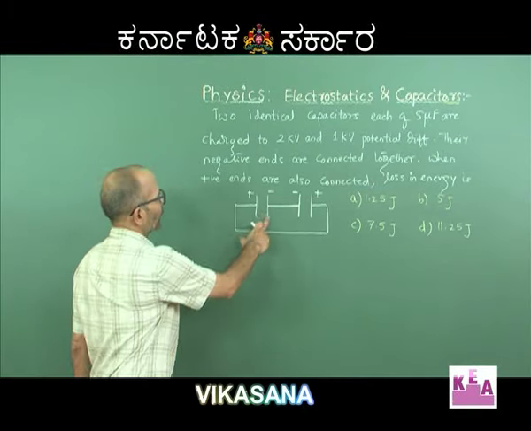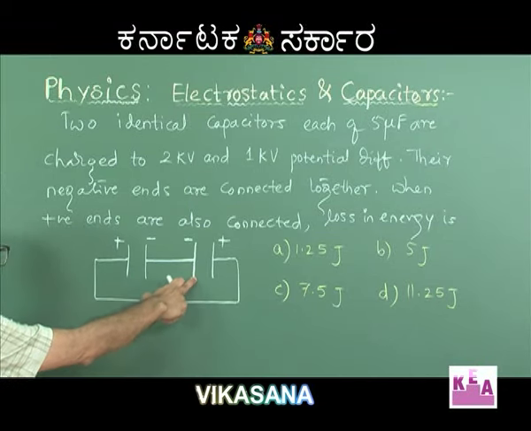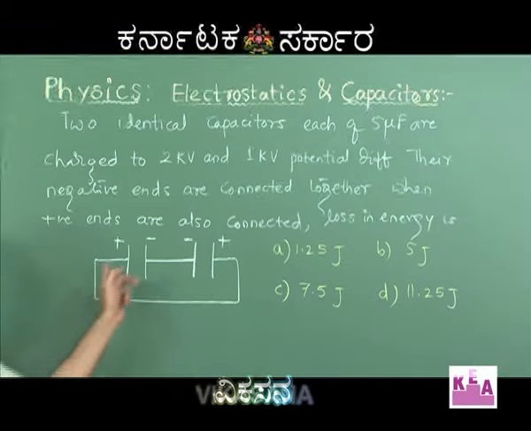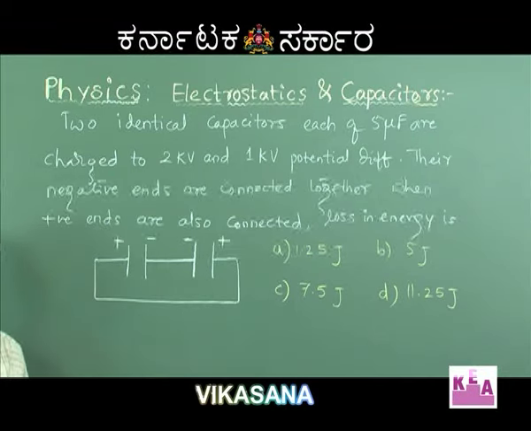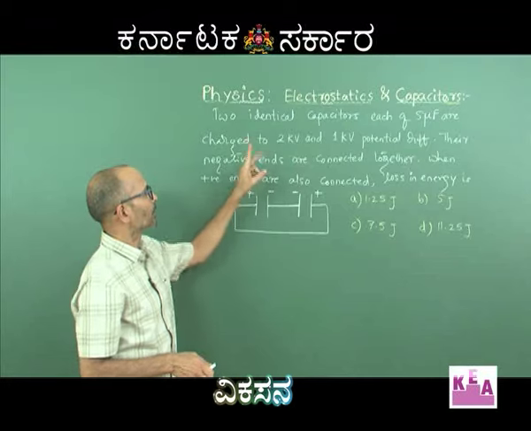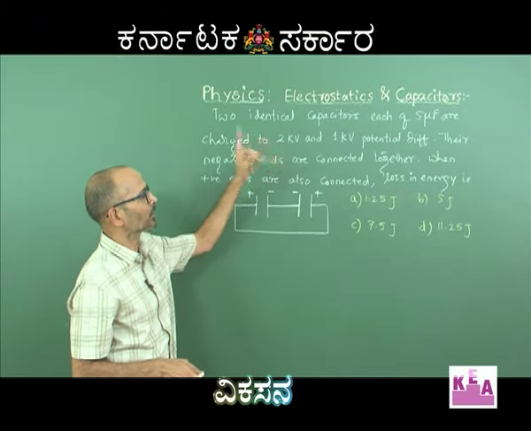Had I connected the negative plate with the positive plate of another capacitor, then the negative charge on this would have nullified the positive charge on the other, and the leftover charge would have redistributed on the two capacitors to make their potentials equal. So, please remember, in this one single problem I have told you two discussions about the connections of the two separately charged capacitors.